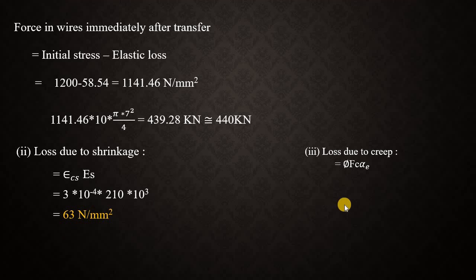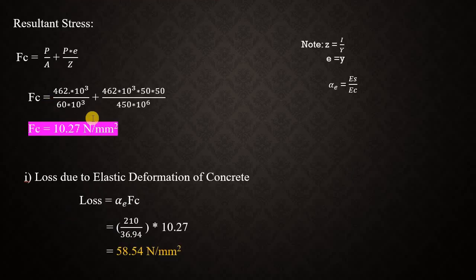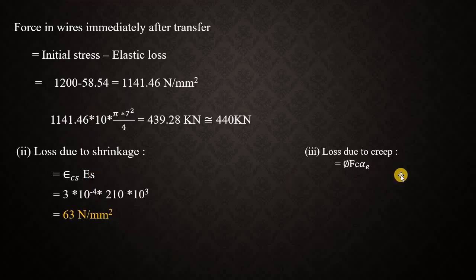Why should the new Fc value be found out? Now we have got a new pre-stressing force. This is very important. Don't consider the previous Fc value. This is wrong. For the further calculation, loss due to creep, this Fc is the new Fc.